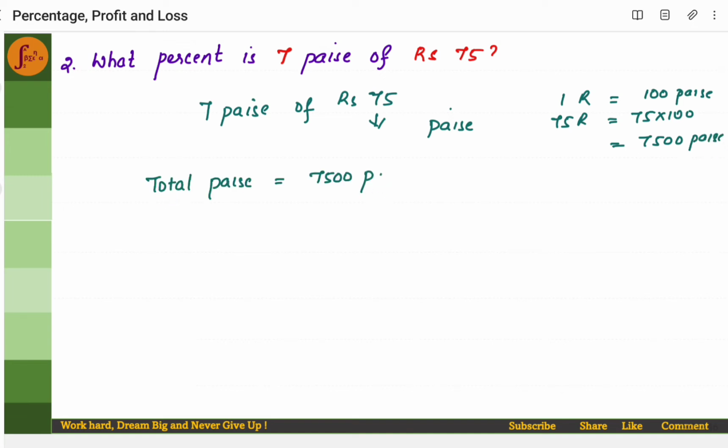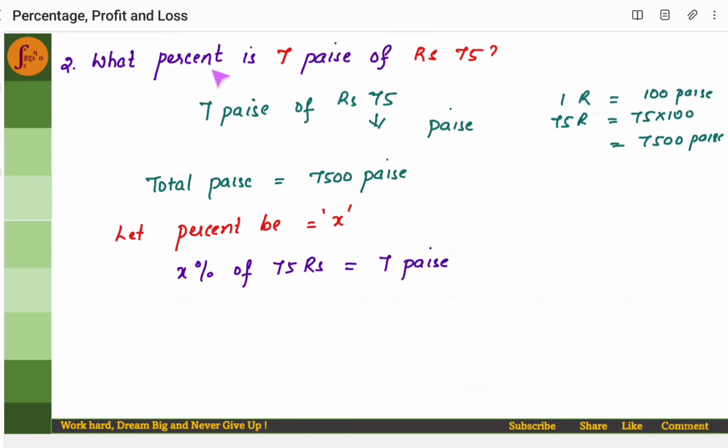Now, let's assume that the percent is x. We don't know what percent, so let the percent be x. X percent of 75 rupees is 7 paise.